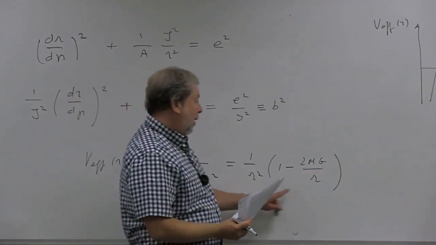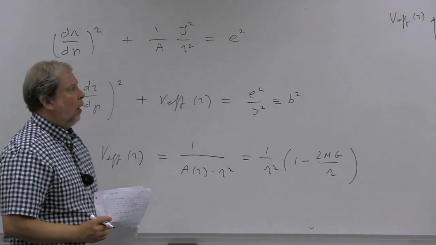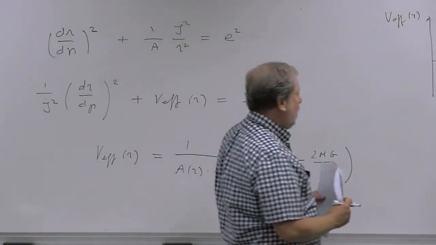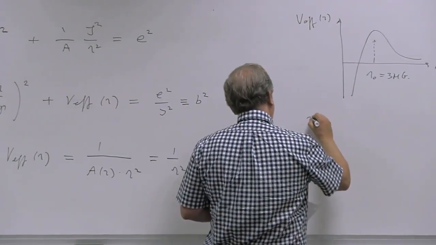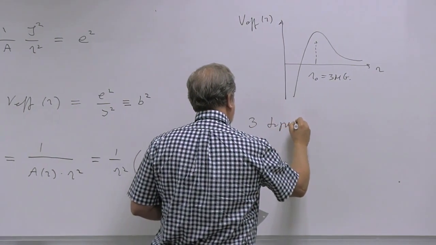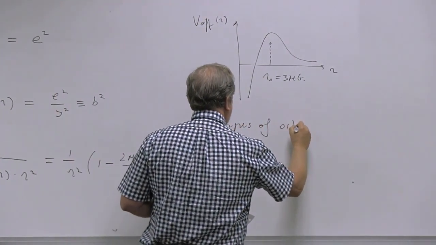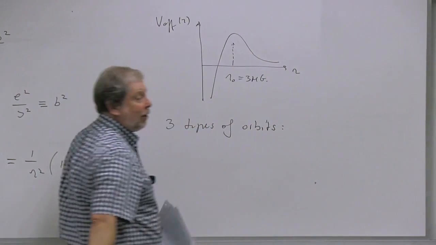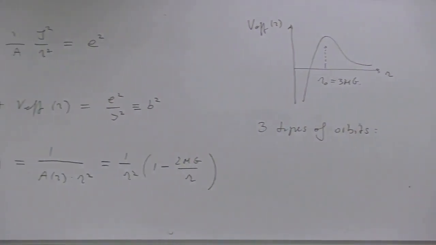And then for small r, again, we have a 1 over r cubed minus 1 over r cubed dependence. So that means that there are 3 types of orbits.